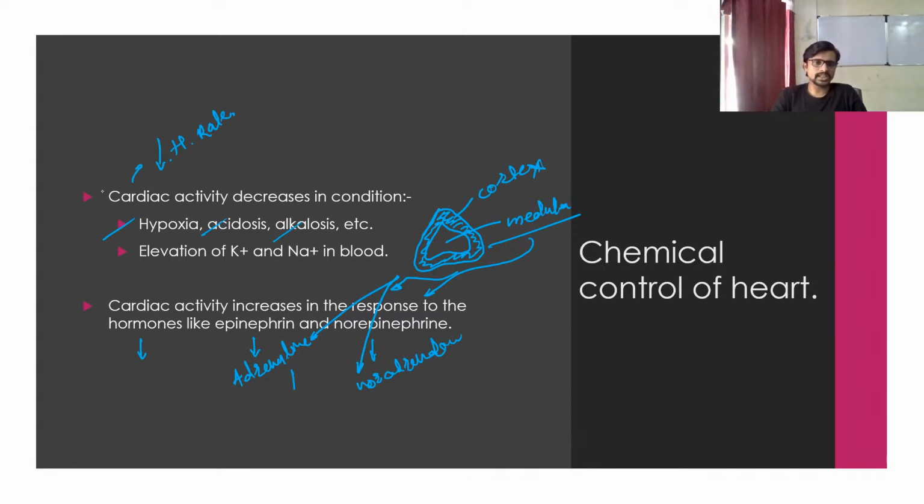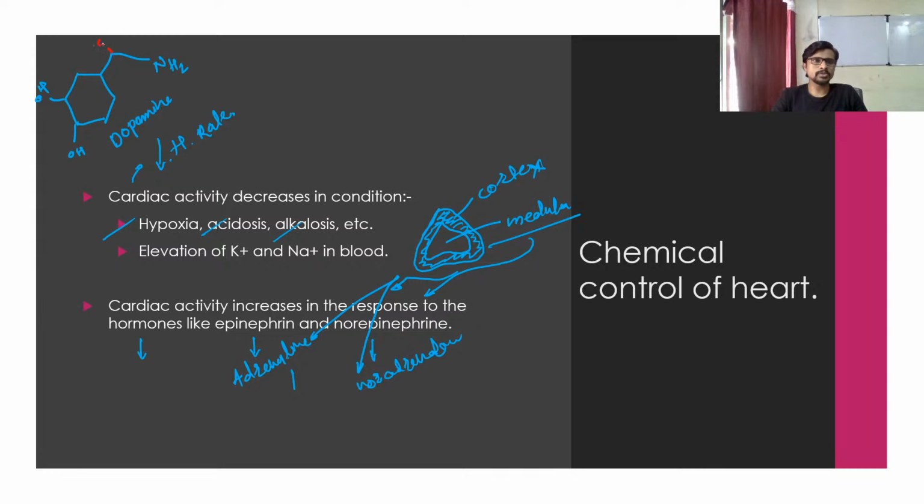So adrenaline and noradrenaline are synthesized from dopamine. Dopamine looks like this. We know dopamine is synthesized in a different part of the body.